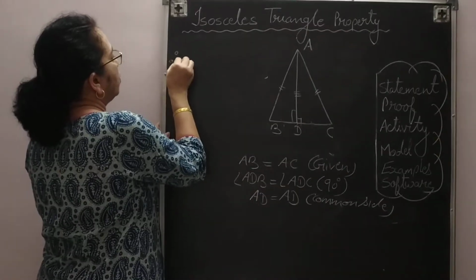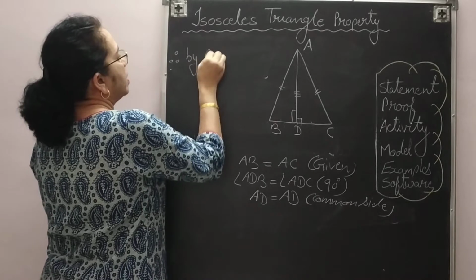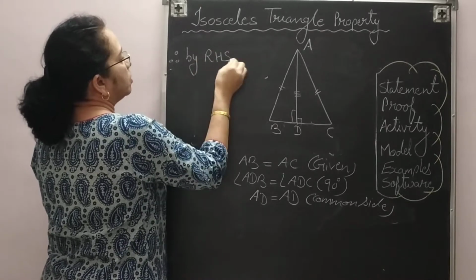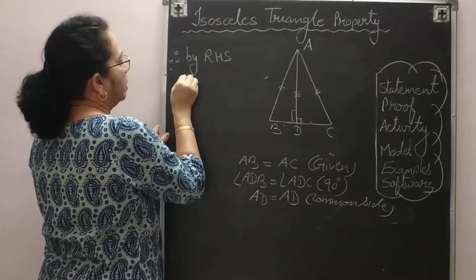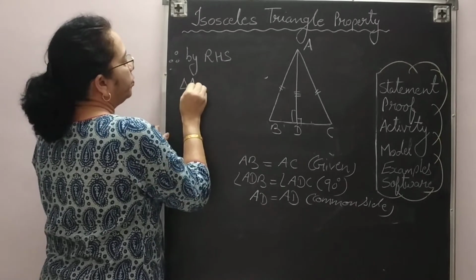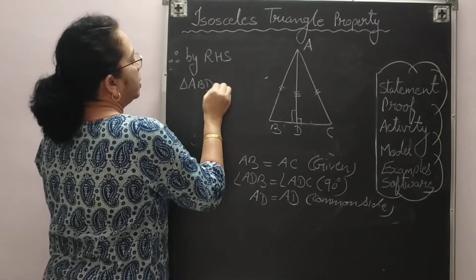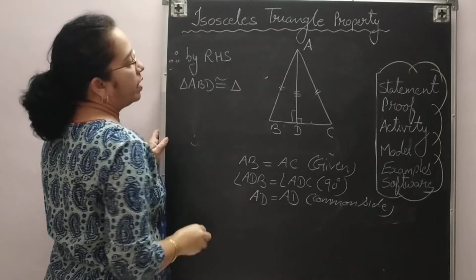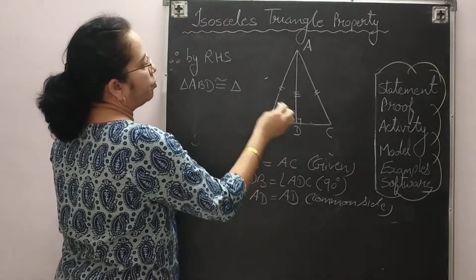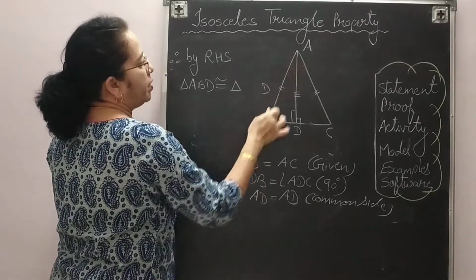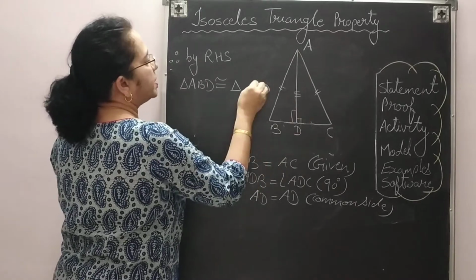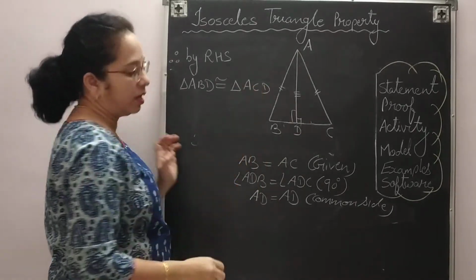Therefore by RHS congruence condition, triangle ABD is congruent to triangle ACD. In place of D, B will come, and in place of B, C will come, and A will be in its own place.